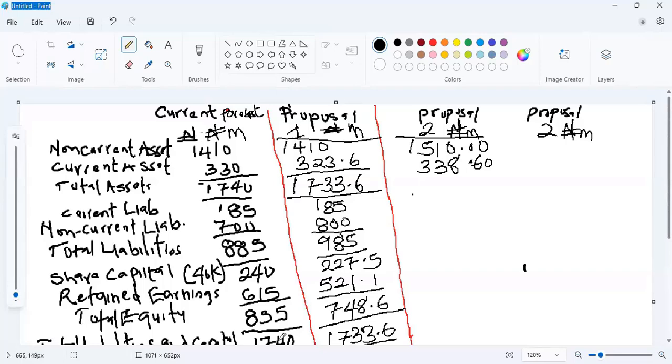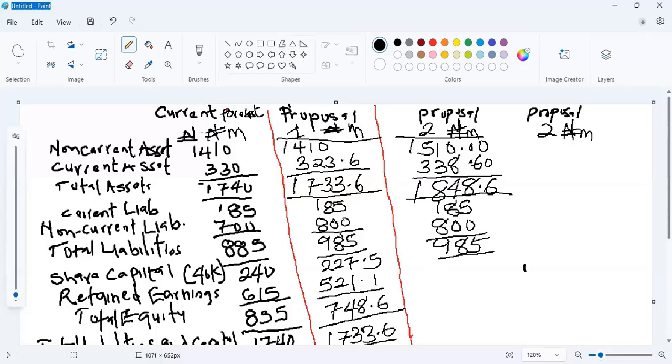I can sum the two to get my total asset. My current liability is not affected. My non-current liability is now 800 million. Total asset, we have 1848.6.